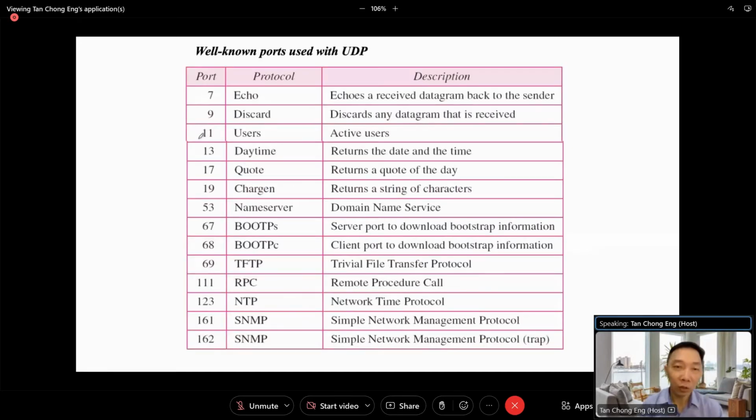Now let me show you the different port numbers associated with different types of protocols, as well as different types of services. So you have ports 7, 9, 11, 17, and then 53 is the name server. The name server is very important. It's what we call the DNS, domain name service. Without this name server running at port 53, you may not be able to browse your website, because no one can do the translation for you.